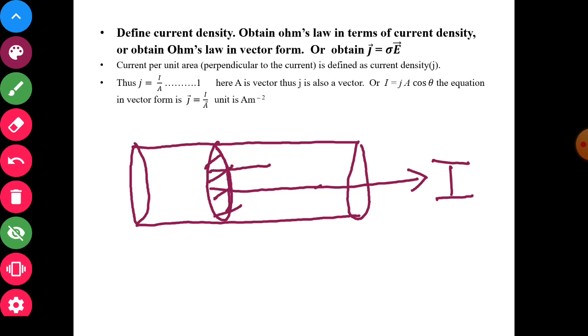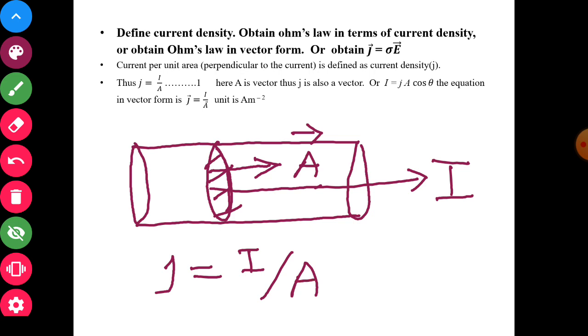If I take the area vector in the direction of electric current, then J is equal to I upon A. Current is a scalar quantity. Try to understand, it is charge per unit time.